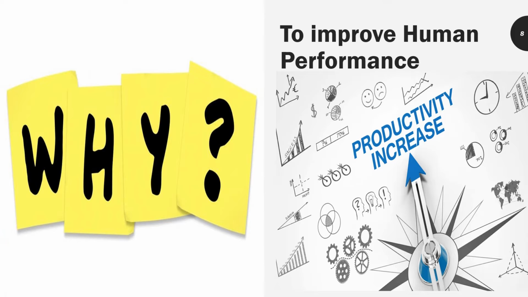This broad view of the performance process allows HPT practitioners to identify the factor or factors that will increase performance. This could be more training, better tools, environment improvements, improved communications, or more concise directions.